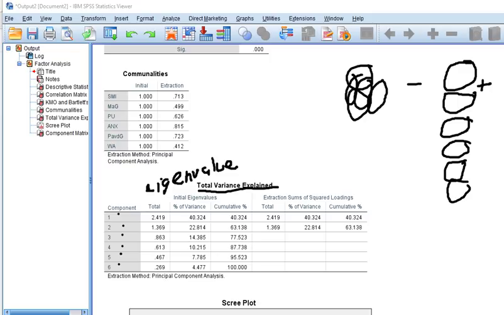The second component is accounting for as much variation as roughly 1.4 of the measured variables, whereas component 3 is accounting for less, roughly 0.86 of the original measured variables. You might be asking, how does this work where we have these fractions? You have to keep in mind that it doesn't work like a component accounting for all of the variation here, and all the variation here, and all the variation here, and then stopping, and then the others are left alone.